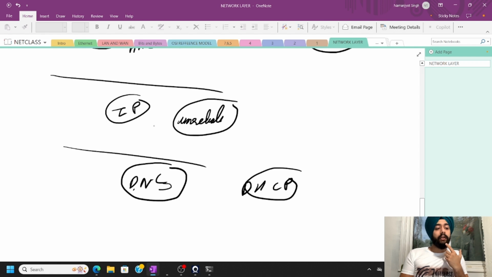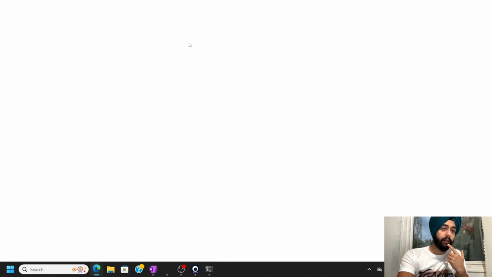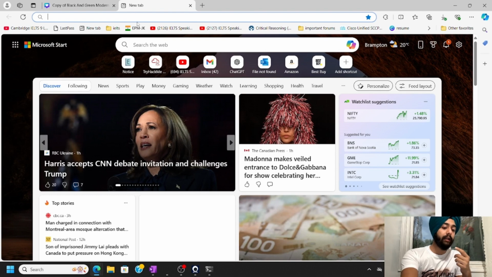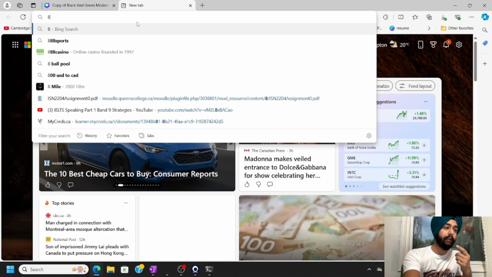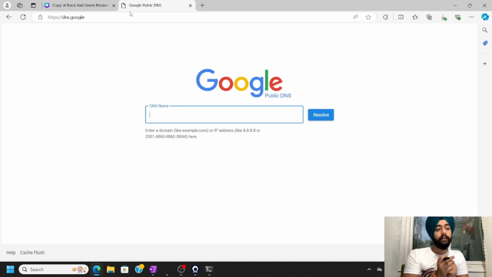DNS means Domain Name Server. For example, you type 8.8.8.8 and it opens google.com. Let's say we open our internet browser and type 8.8.8.8. This will open google.com. Why?